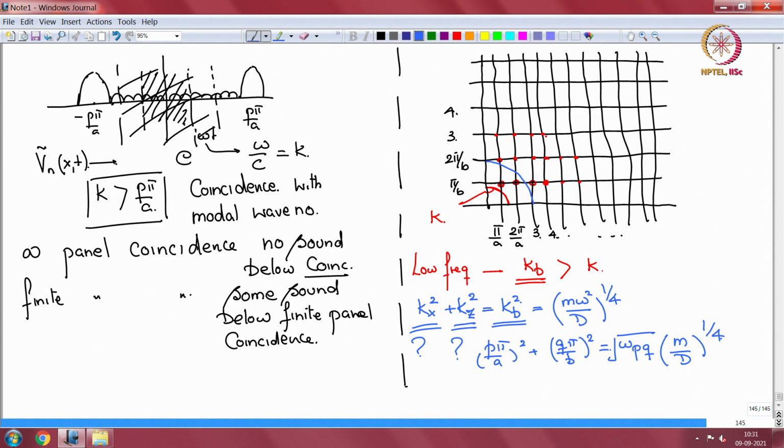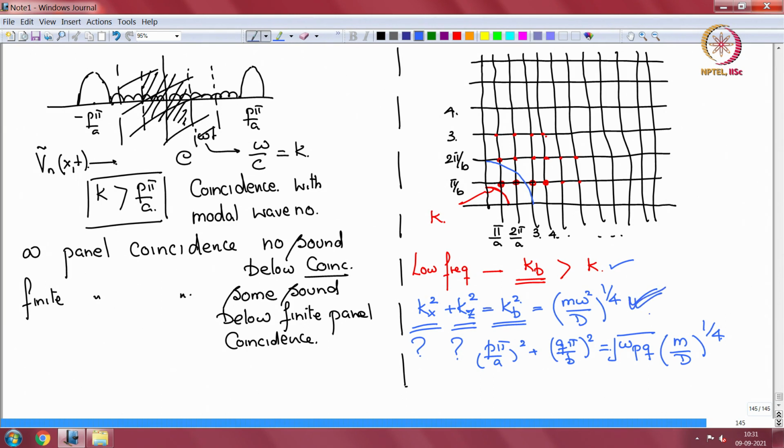Okay, we know this information also. So now let us see on this picture what happens. At low frequencies, KB happens to be higher than K, and in general KB obeys this law.